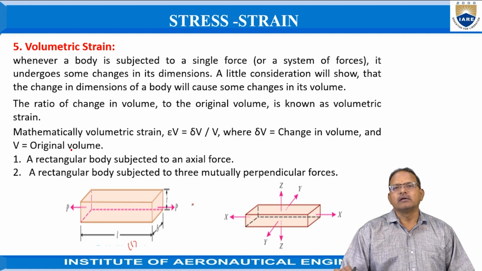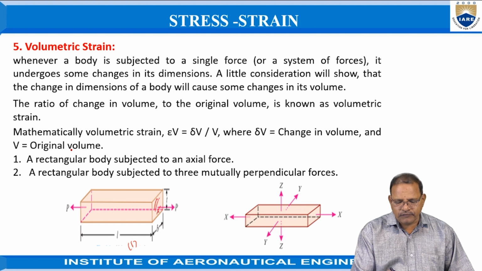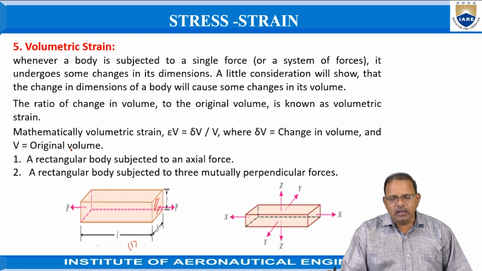When a single force P is acting on the surface, the length of the object increases. At the same time, the cross section area of the object decreases. The cross section means the product of length and breadth, or thickness. Both the dimensions are decreasing now.